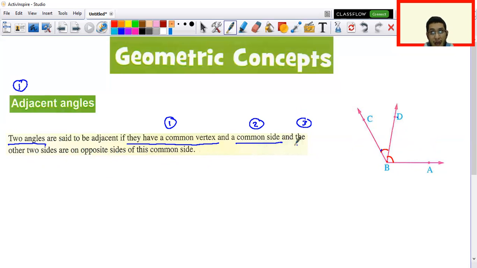Okay? And the other two sides are on opposite sides, for example, one of them on the left and the other on the right. Okay, this is the third condition to say the two angles are adjacent angles. This is the first concept, adjacent angles.